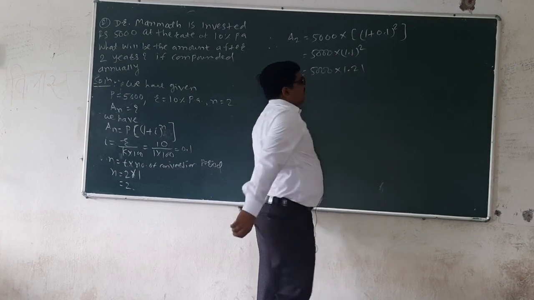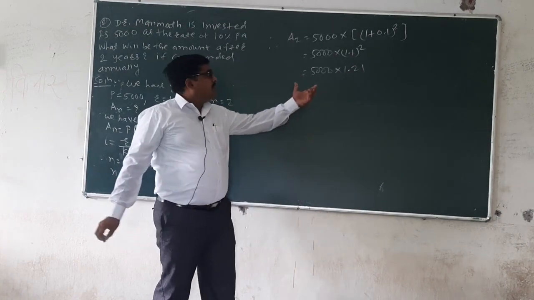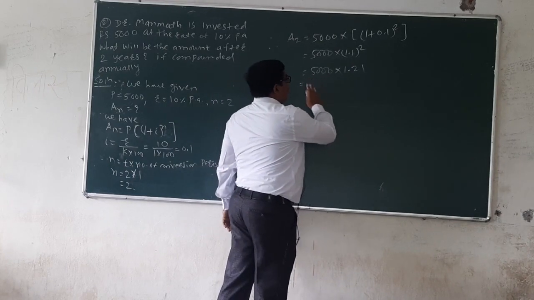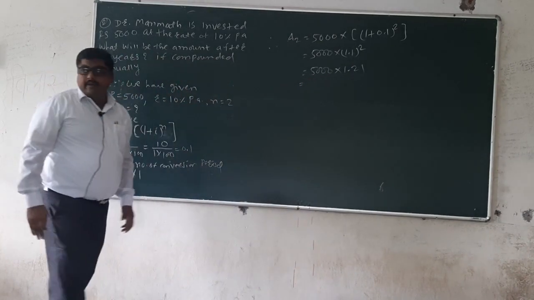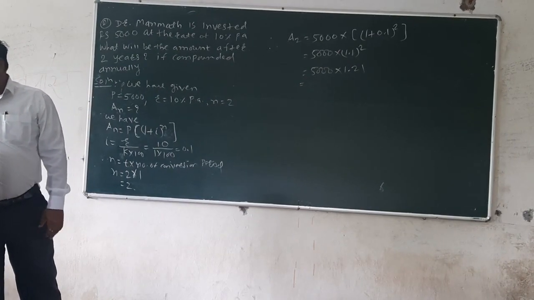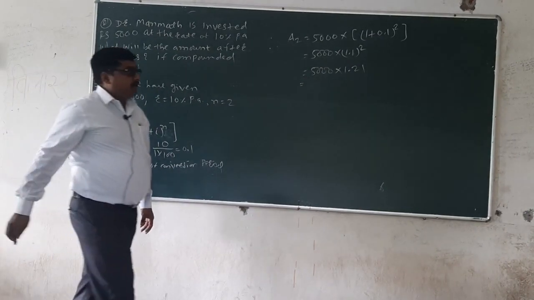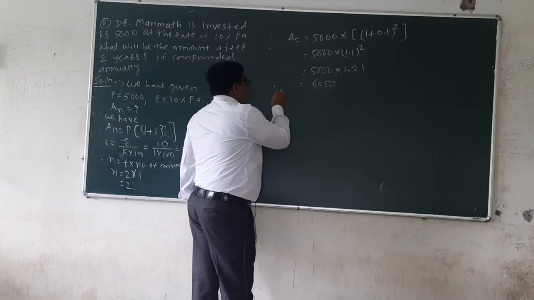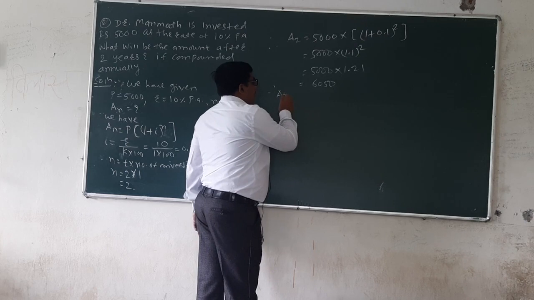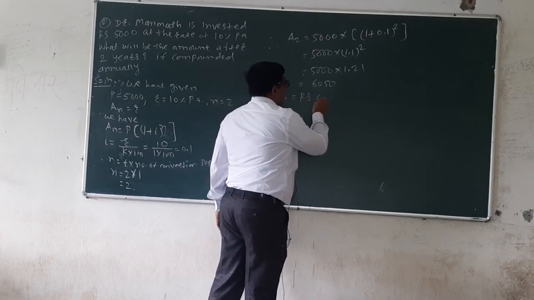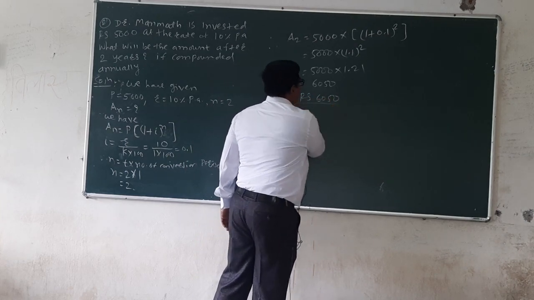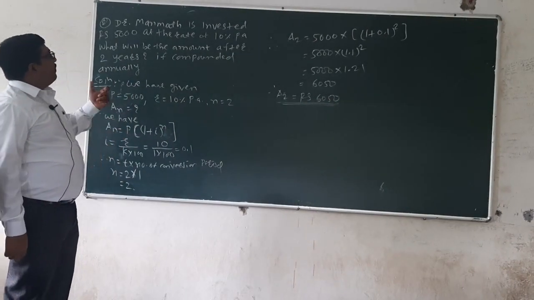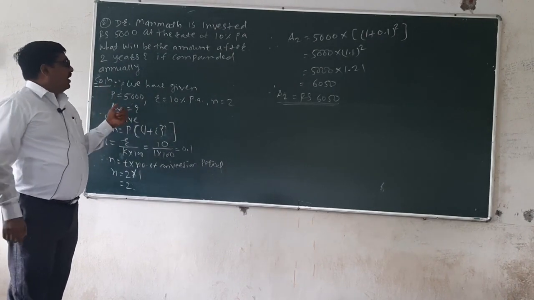You can also find this value using a calculator. So 5,000 into 1.21 is 6,050. Therefore the amount at the end of the second payment period is rupees 6050. This is the answer if compound interest is calculated annually.